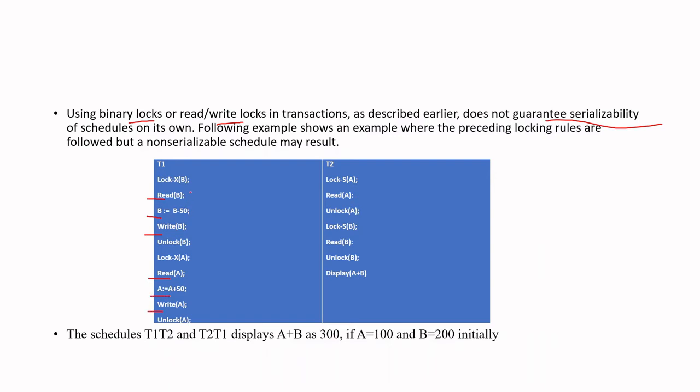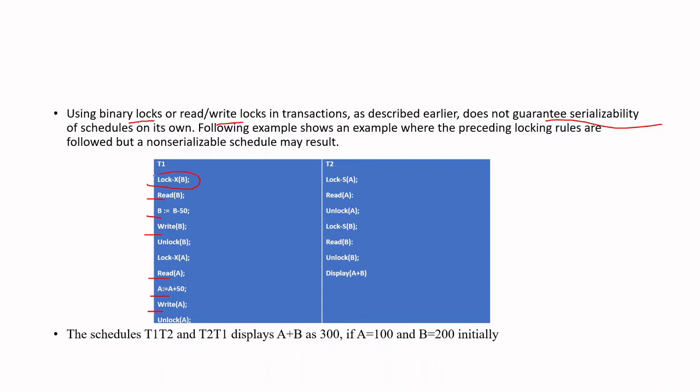We can think of B as one bank account where you're deducting 50 rupees and it is being transferred to the other. And here, in order to ensure that multiple transactions do not access the variables which are accessed here, there is a lock operation.